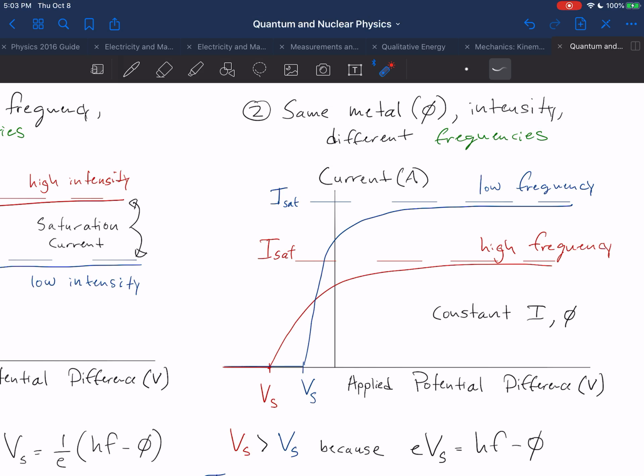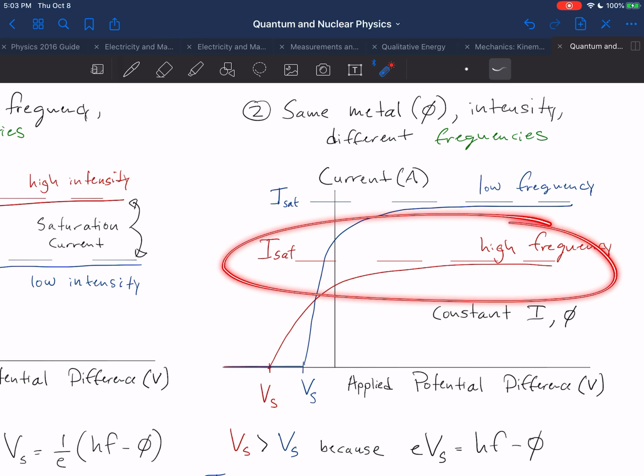But the most challenging little concept in this graph is between the saturation currents of these two, and it's definitely a counterintuitive trend. Lower frequency light for the same metal and same intensity will involve a higher saturation current than higher frequency light.